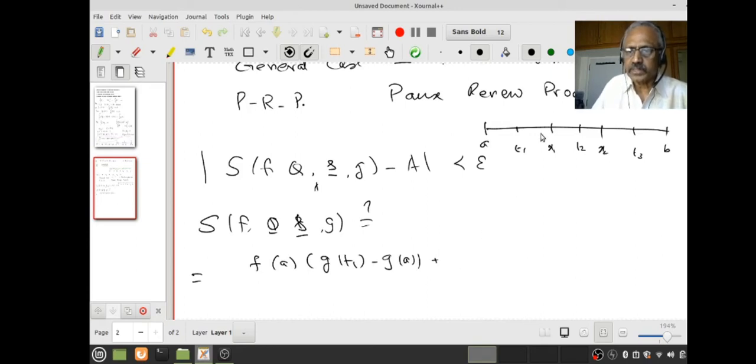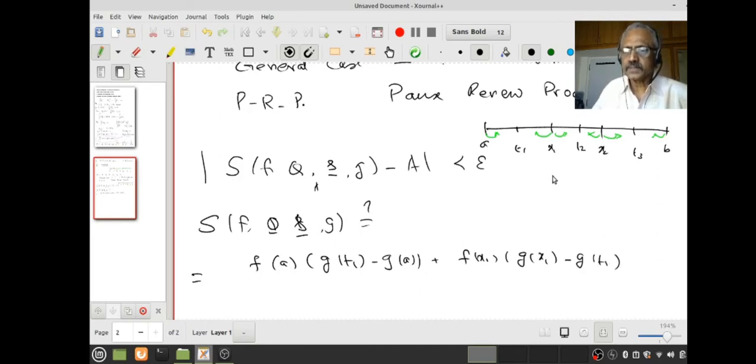That is going to be, what is the tag? F of X1, because remember the tag. This is the tag here, and this is the tag here, and this is the tag here, and this is the tag here, and so on, and this is the tag here. So f of X1 into G of X1 minus G of T1.